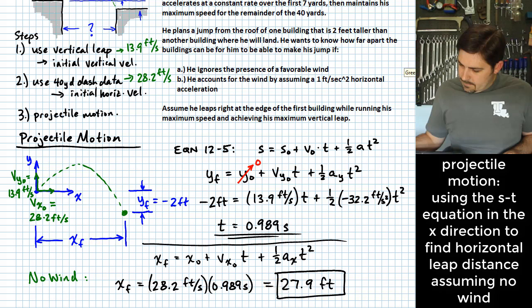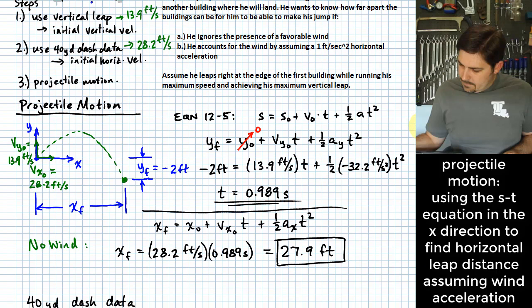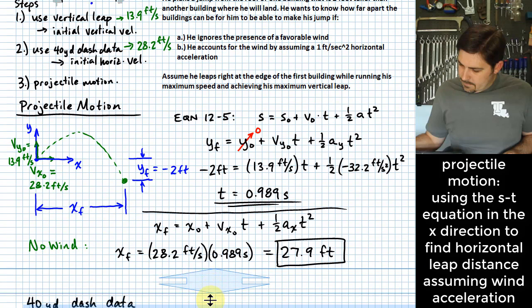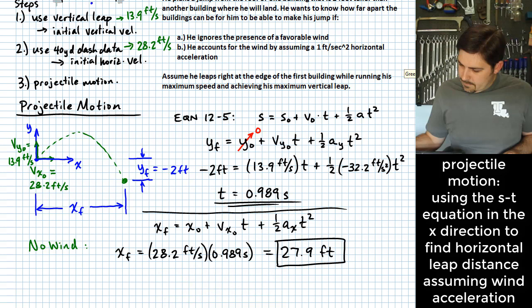Well, maybe he's even more of a daredevil, maybe he wants to say, yeah, but the wind's actually going to help me out a little bit. So let's go ahead and deal with that situation. If we have the wind, then we say xf is going to be equal to, again, x naught doesn't change, but we will have the 28.2 feet per second, multiplied by 0.989 seconds.